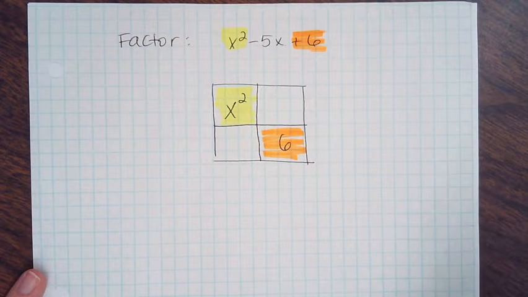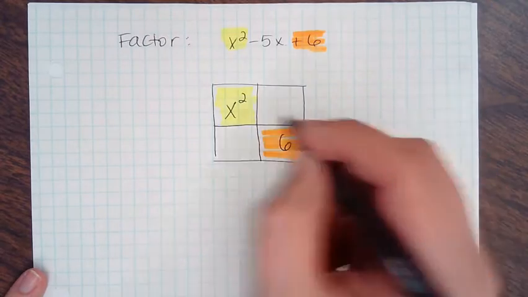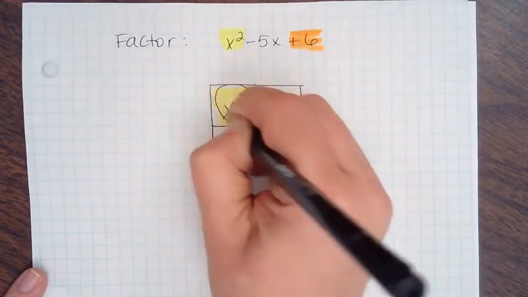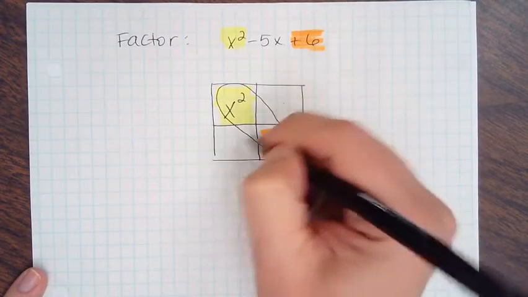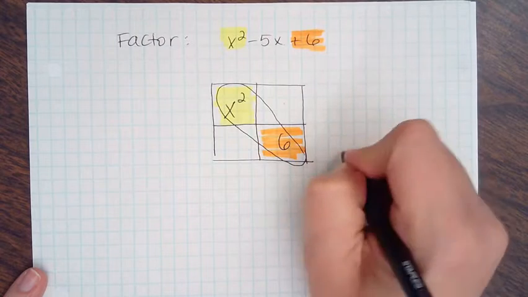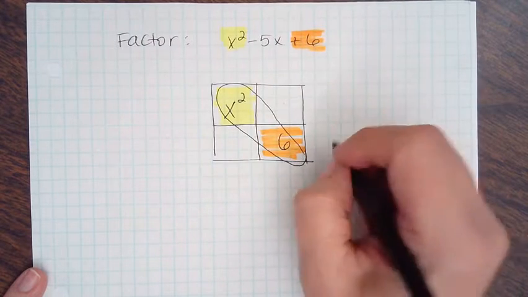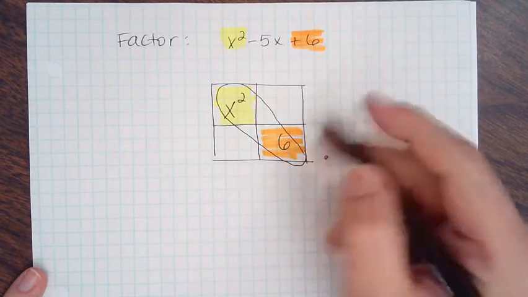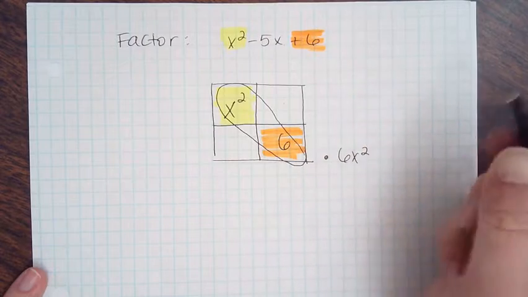And what we noticed, which allowed us to develop a strategy, was that whatever goes in here is the combination of what multiplies to this diagonal. And so x squared times 6 is 6x squared.